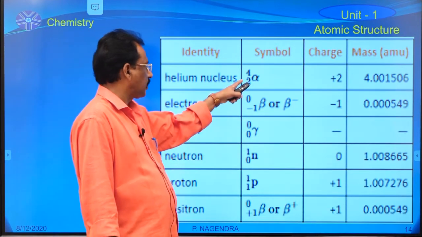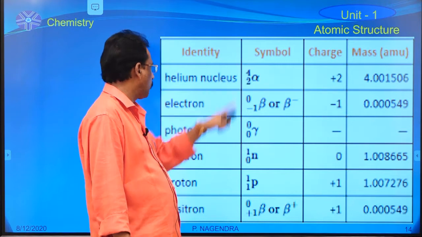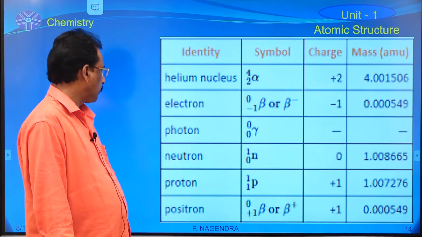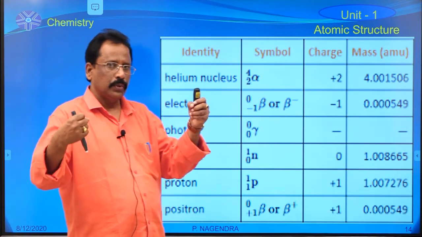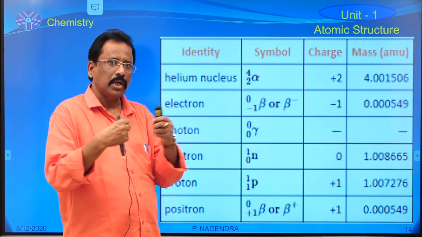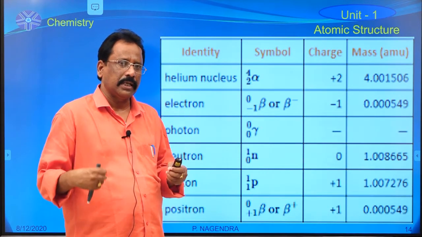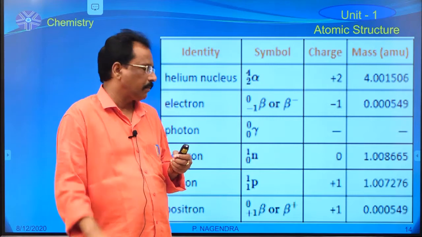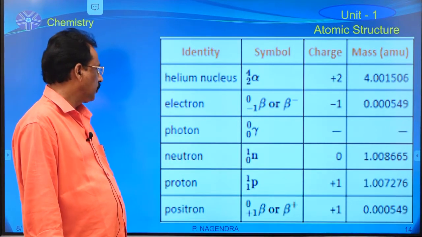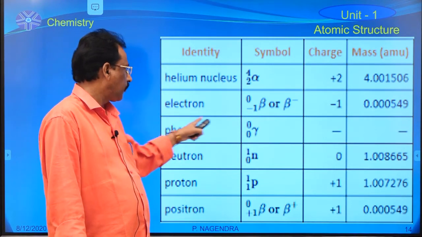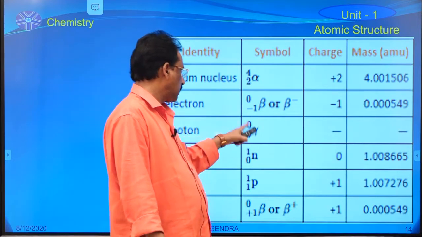This is the representation of the helium. 2He4, the alpha particle, is nothing but 2He4. Due to interaction between protons and neutrons present in the nucleus, so many other unstable particles are also formed in the nucleus. One of those is the photon. Photon representation is gamma.